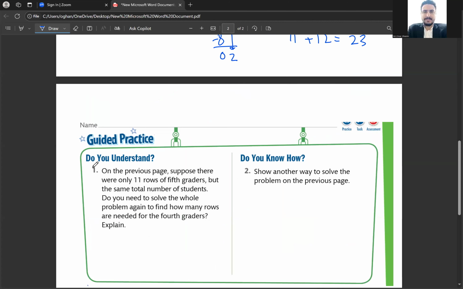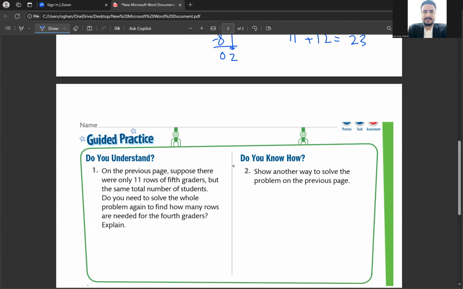On the next page, we have: on the previous page, suppose there were only 11 rows of fifth graders, but the same total number of students. Do you need to solve the whole problem again to find how many rows are needed for the fourth graders? Explain.